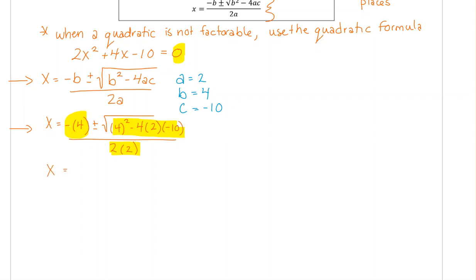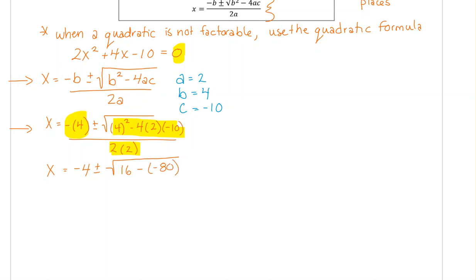So if you look at this first part, negative, in brackets 4, this is just going to become negative 4. Plus or minus, well, 4 squared is 16. And then we have minus 4 times 2 times negative 10. Let's look at that as a whole. It's all multiplication, you can do it in a row. 4 times 2 is 8, times negative 10 is negative 80.